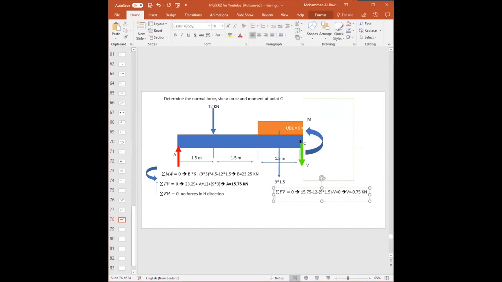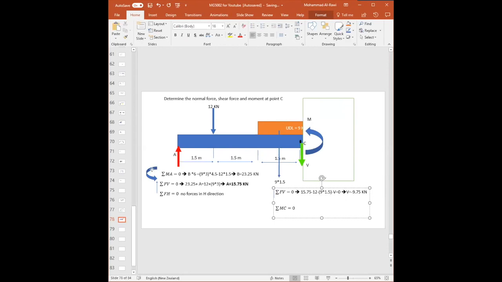Now, second step, we need to take the moment because the question asks us to find the shear force at point C and the moment at point C. So I change from A, I put C equals to 0. It's very easy to work on this moment, but I want you to pay attention because some stuff did happen and change the story.